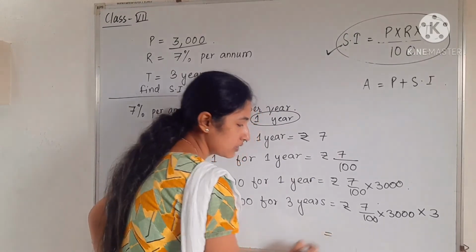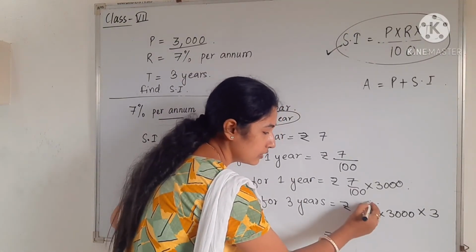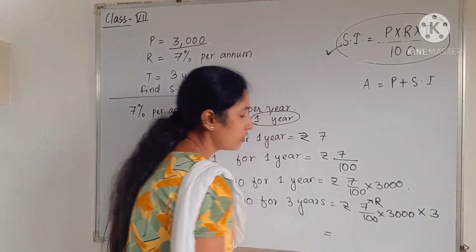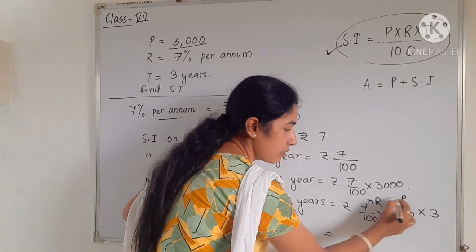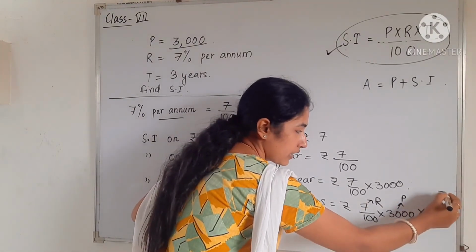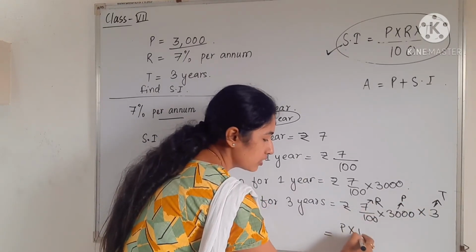Finally, you can see what we are writing in the numerator. This was our rate, this was our principal, and this was our time. So finally we got the formula P into R into T by 100.